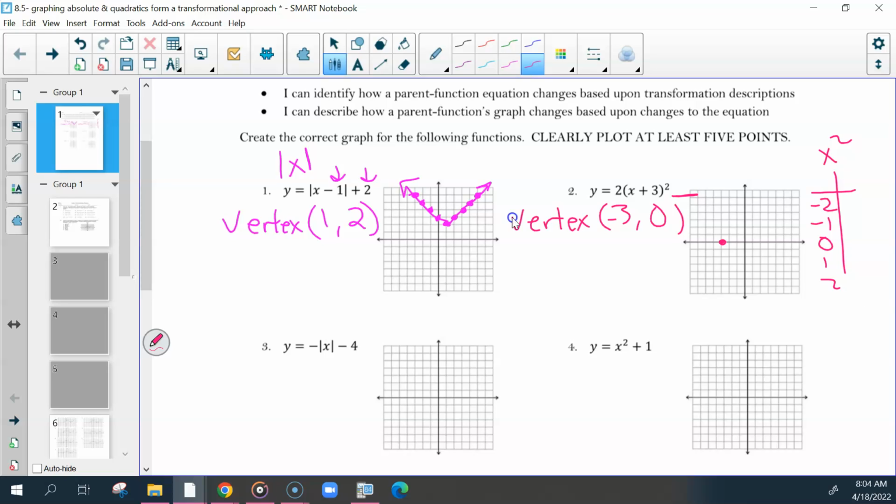For the parent function, we had the x values -2, -1, 0, 1, 2. For our y values, that was 4, 1, 0, 1, 4. Since we have something that is being multiplied by 2, and this is the outside thing, outside things are vertical, they affect the y's, so we're going to multiply all of our y's by 2.